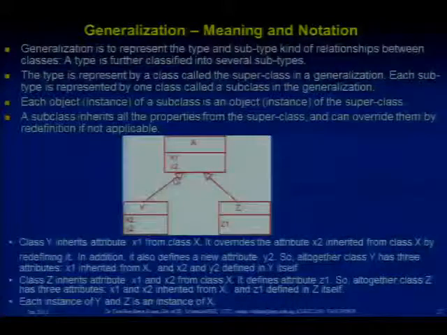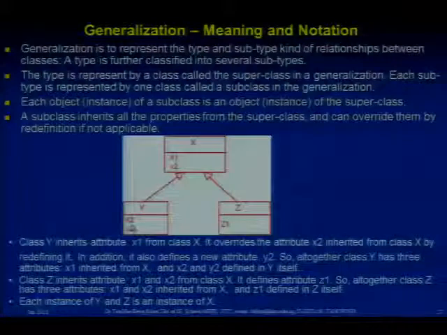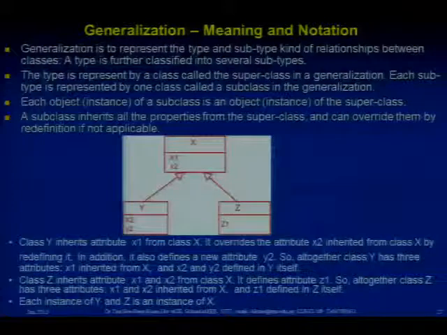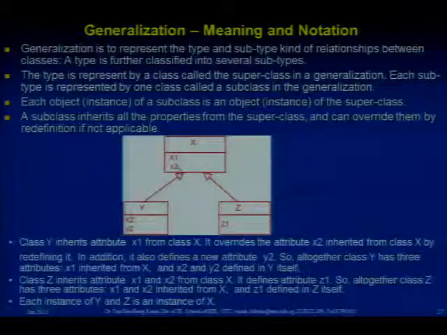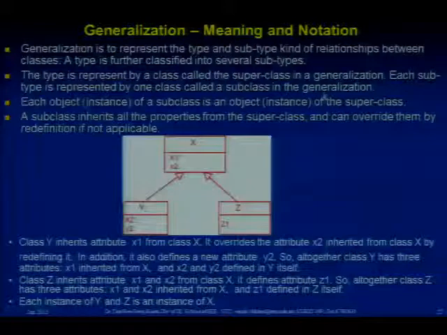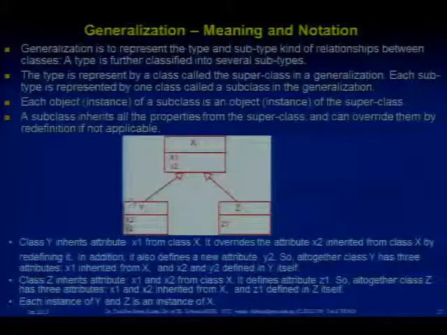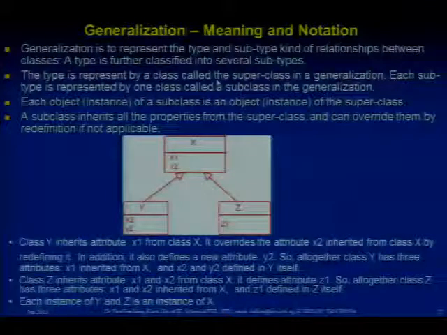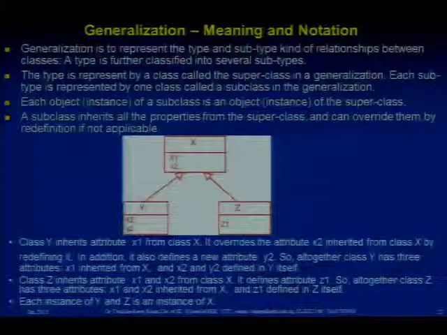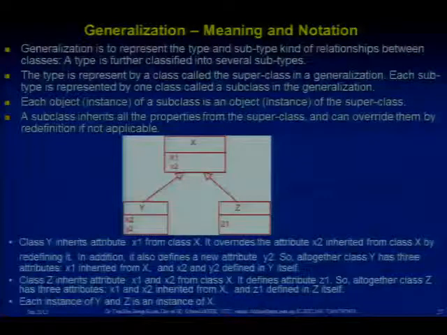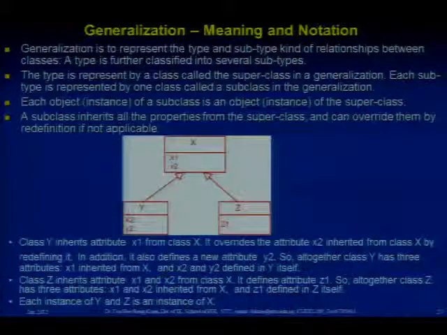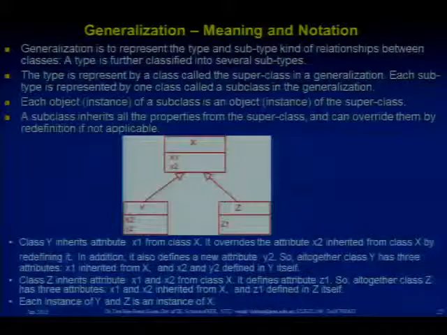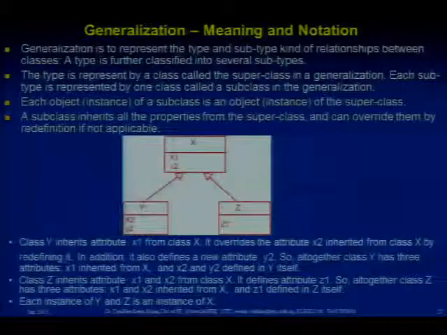In the subclass, I write x2 here again. That means I redefined it. By doing so, the attribute x2 from the superclass will not be inherited down over here, because subclass Y redefined it. So subclass Y will have its own attribute x2. This is the way to override unwanted attributes or operations from the superclass.